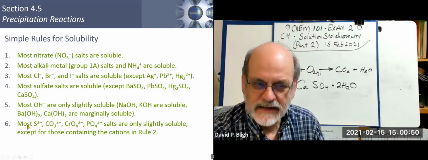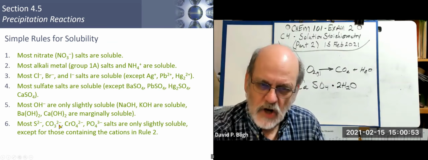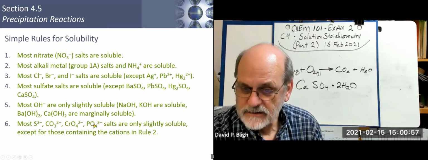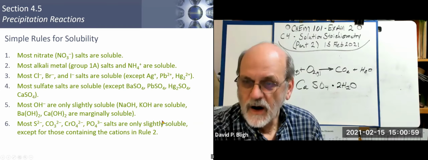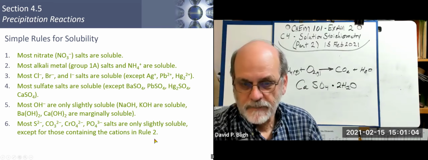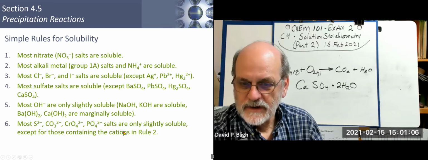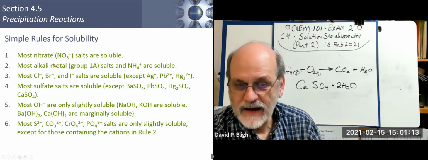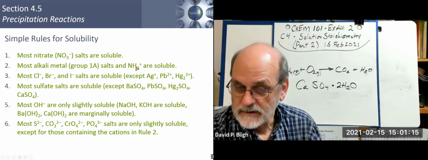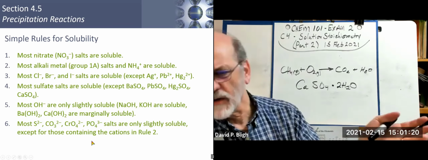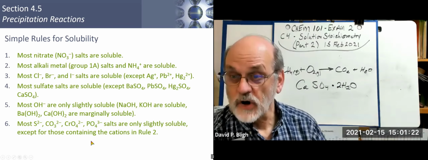And then last but not least, sulfides, carbonates, chromates, and phosphates are only slightly soluble, which means, for our purposes, insoluble, except for those that are combined with cations in Rule 2. Right? If they're combined with alkali metals or ammonium, then they're soluble. Otherwise, they're insoluble.